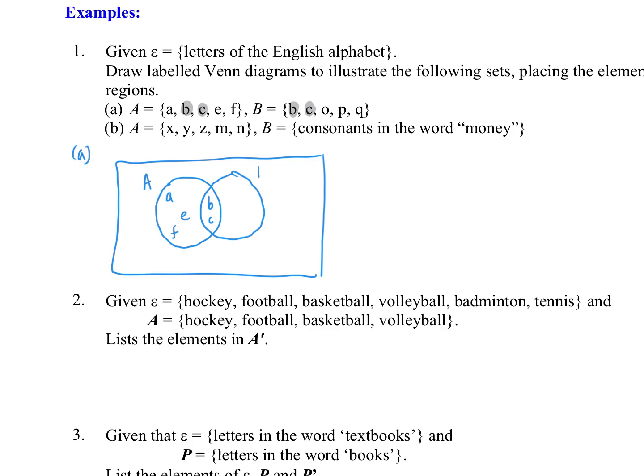And then my set B will have B, C, O, P, Q. And then my universal set is all the letters in the alphabet, so just put everything else: A, B, C, D, E, F, G, H, I, J, K, L, M, N, O, P, Q, R, S, T, U, V, W, X, Y, Z. Must we do this for the exam? Yes, but of course we won't ask it in this way. We'll ask it very mathematically. Okay?